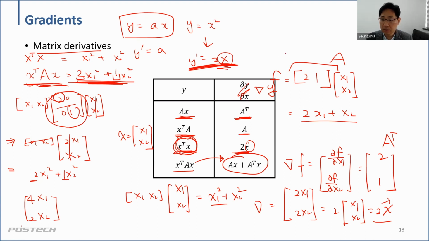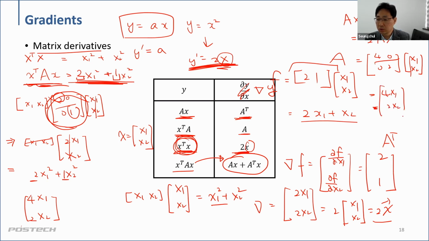So the gradient is Ax plus A transpose x. Actually here A is a symmetric matrix, so in that case, A is 4, 2, and we can compute it for x1 and x2, which is the same as here.